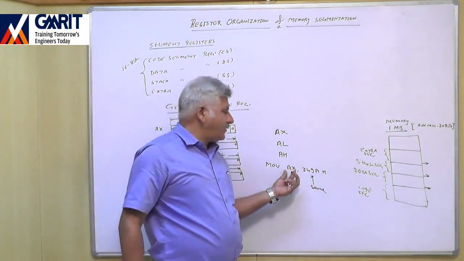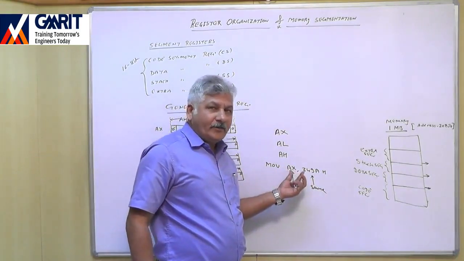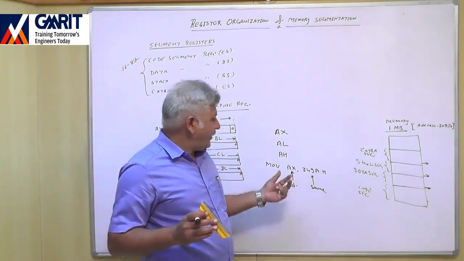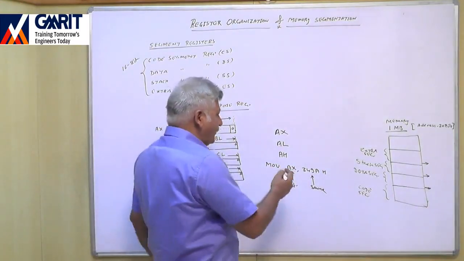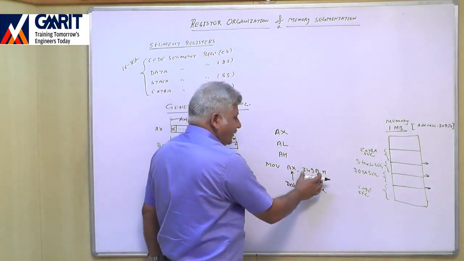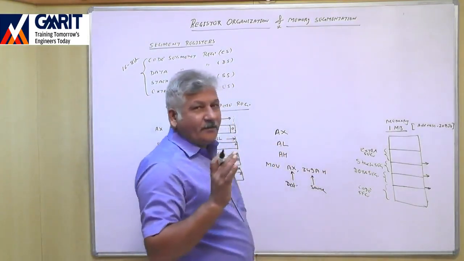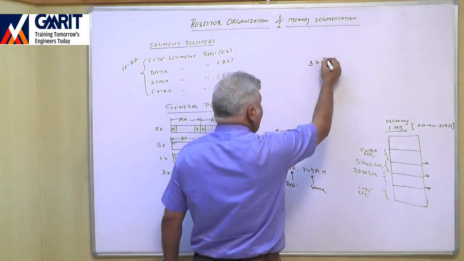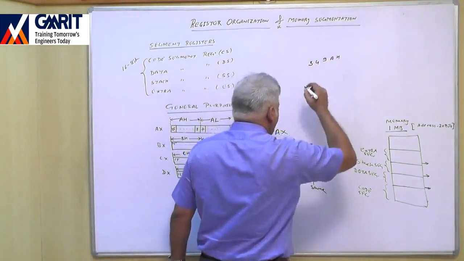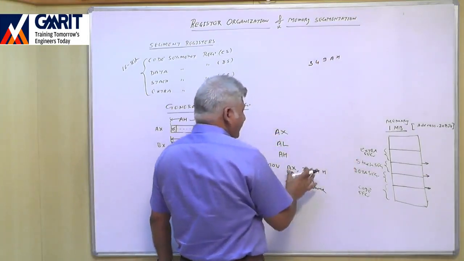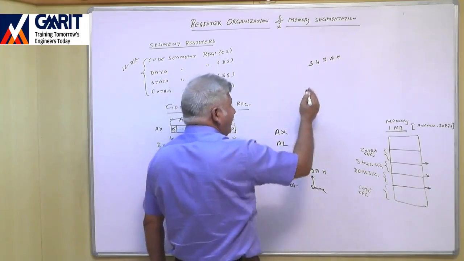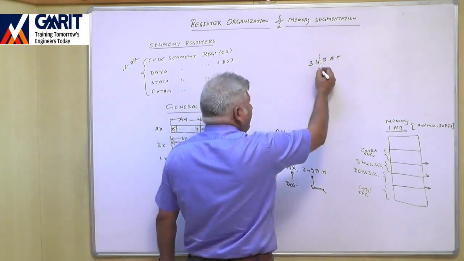Since our destination is AX, which is a 16-bit register, this means we can store a 16-bit number in the AX register. This is a hexadecimal number, 4 digits are there, so these 4 digits indicate 16 bits in binary. The number 349A is a hexadecimal number. With this instruction, this 349A will be loaded in AX, right? How will it be loaded?